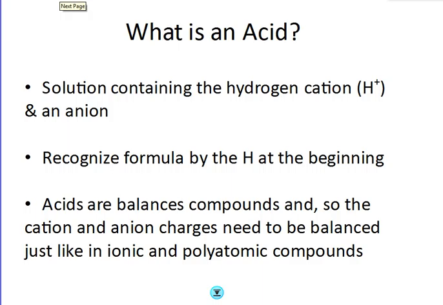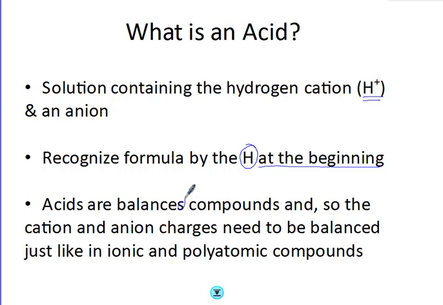Real quick, what is an acid? Let me talk through and then press pause and copy this stuff down. An acid is a solution containing the hydrogen cation, which is H+, and an anion. We know it's an acid when the formula has an H at the beginning. And lastly, acids are just like the other compounds in that they are balanced.